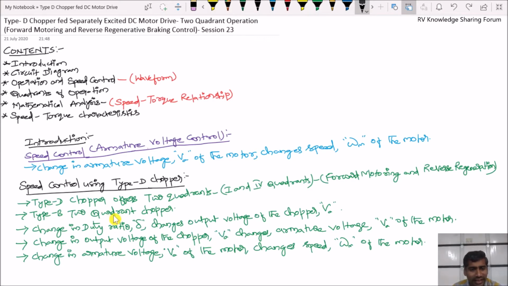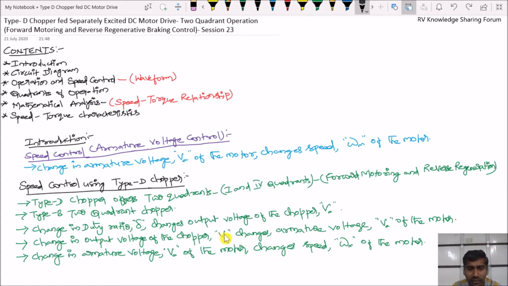Now as we discussed earlier, our main aim is to control the speed of the DC motor. So how can we control it using a type D chopper? See here, when we change the duty ratio delta of the chopper, we achieve a change in the output voltage of the chopper, VA. When the output voltage of the chopper changes, we achieve a change in the armature voltage of the motor, VA.